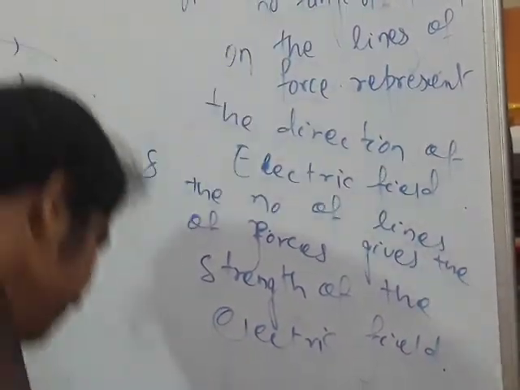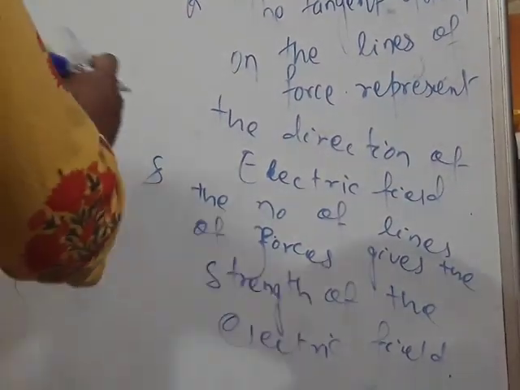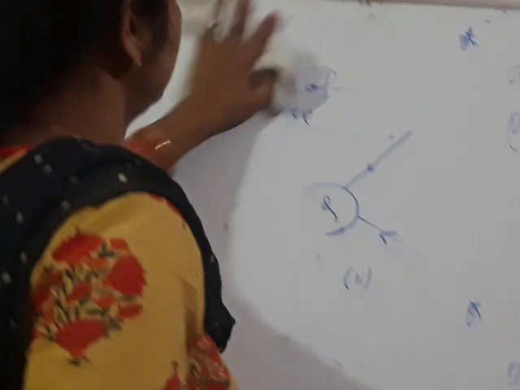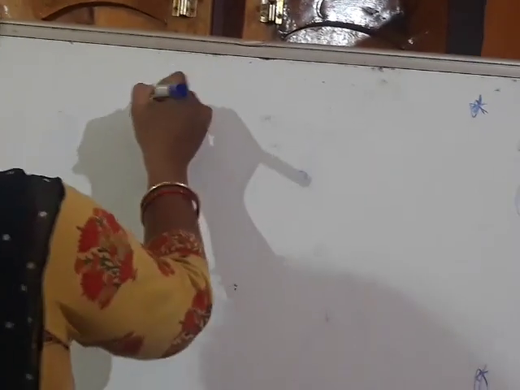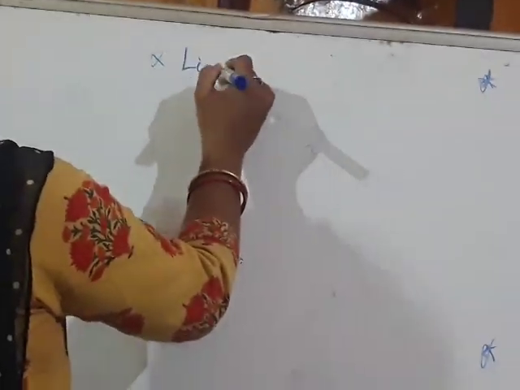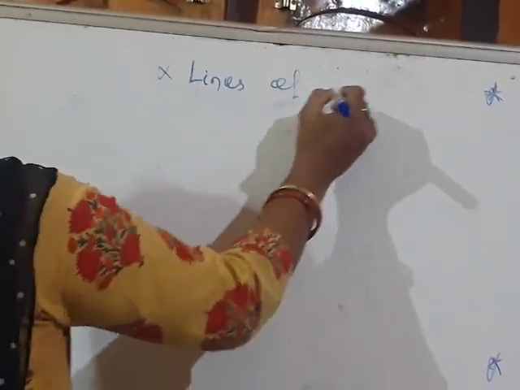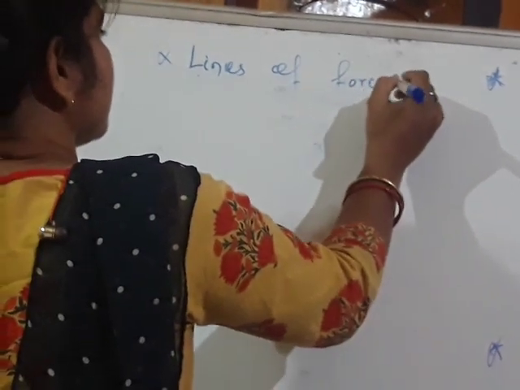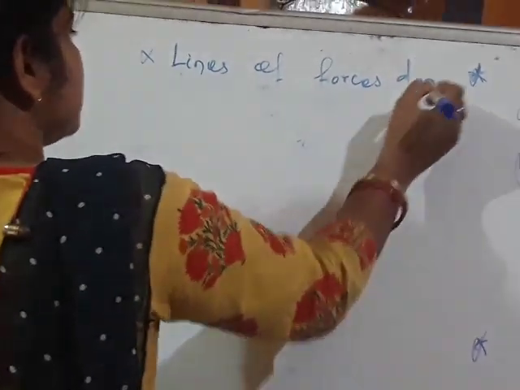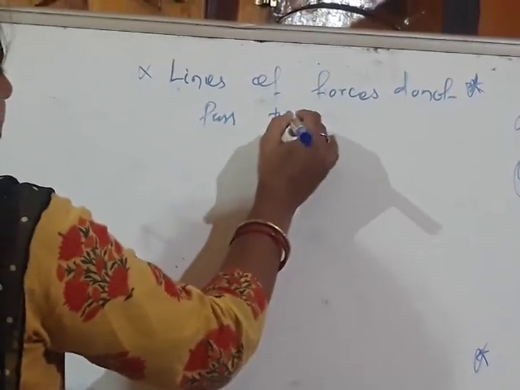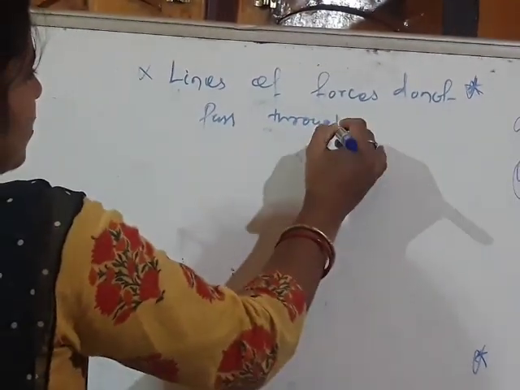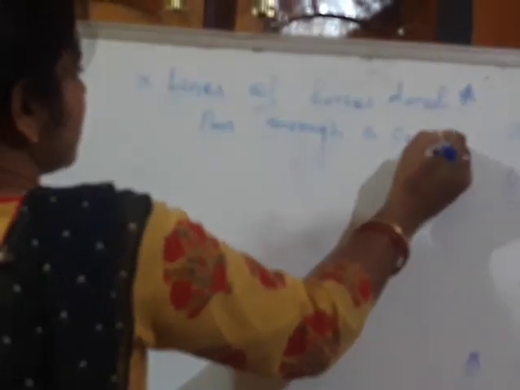Next property: lines of force do not pass through a conductor.